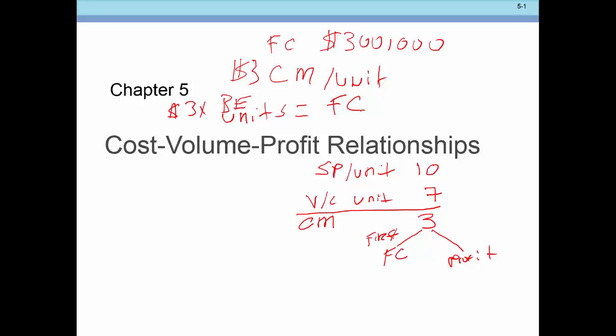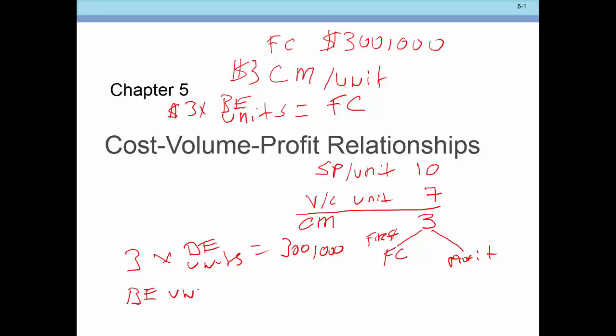Okay? So I just set that up. 3 times my break-even units, whatever that is. My fixed cost is how much? 300,000. Just simply do the algebra there.